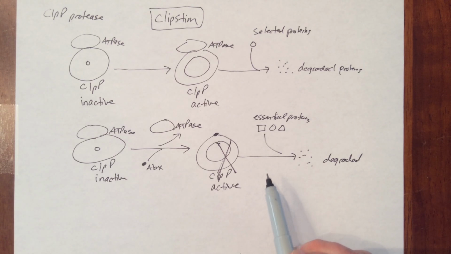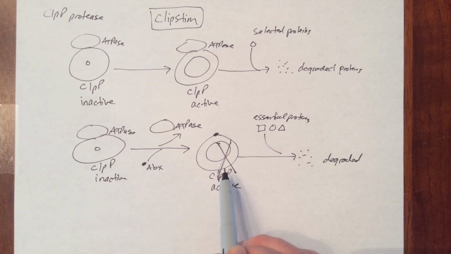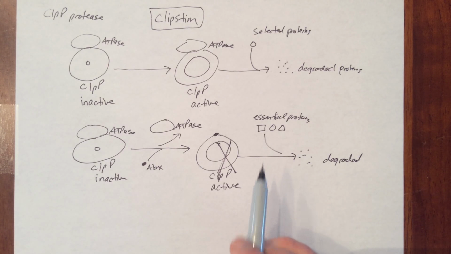One potential advantage of making an antibiotic that stimulates activity of the protease is that if the bacterium inactivates it, as I told you before, inactivating this causes the bacteria to become more susceptible to other antibiotics, and it decreases their virulence.